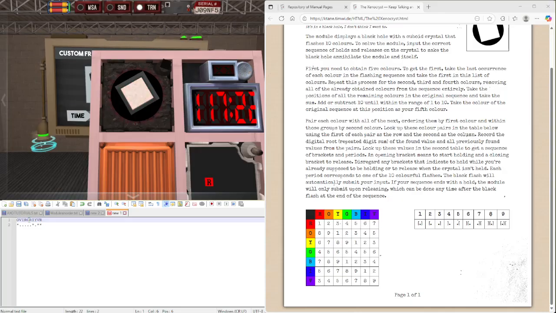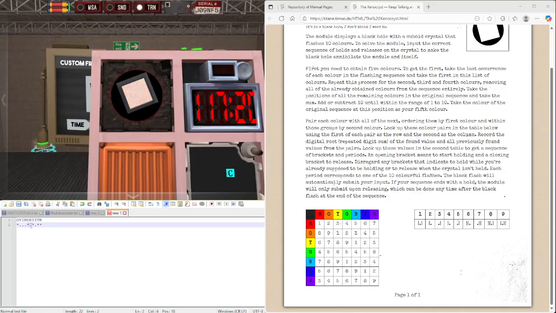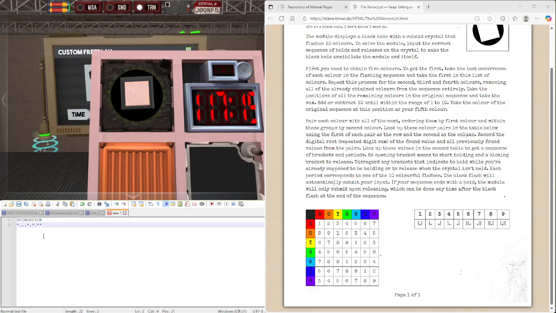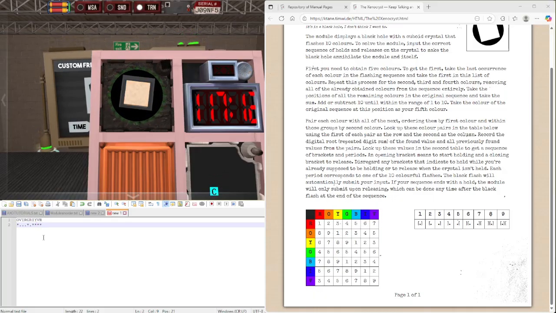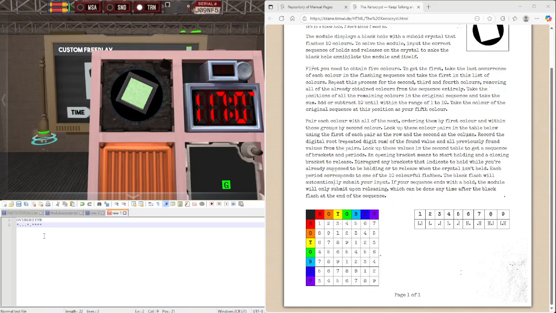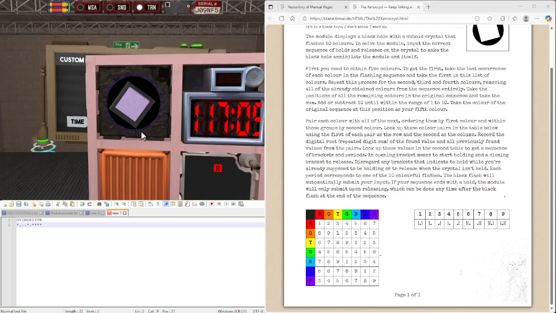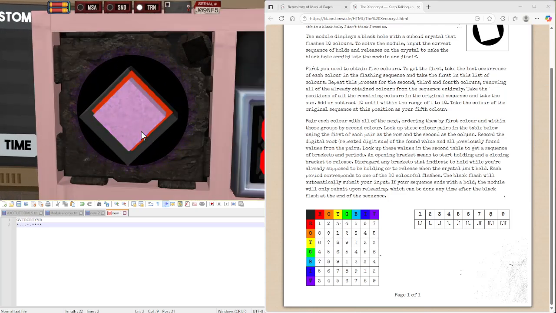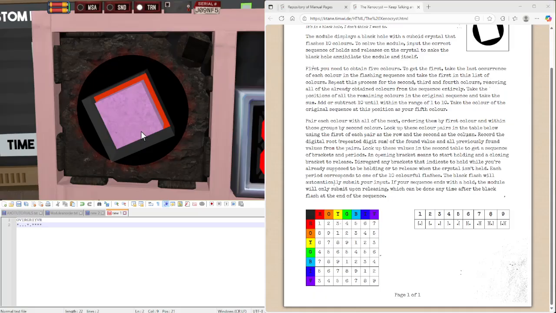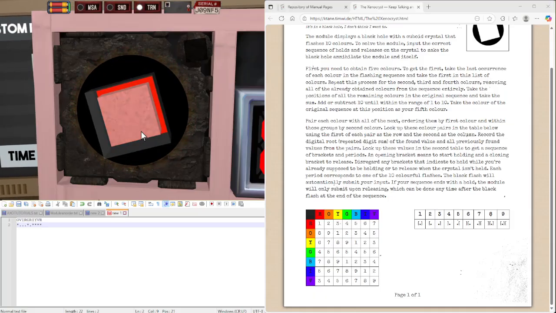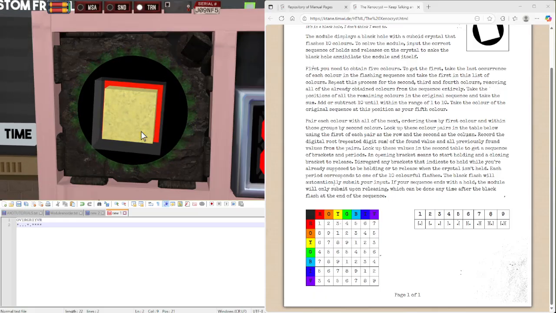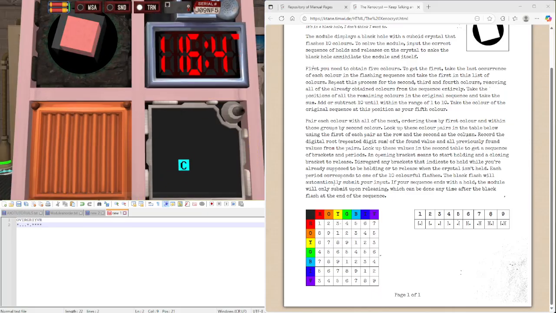Red is there. Green is here. Yellow is there. And then blue didn't appear at any point, I don't think. Yeah.